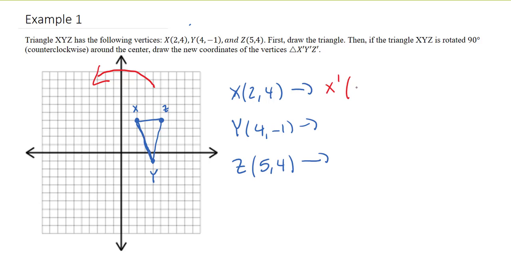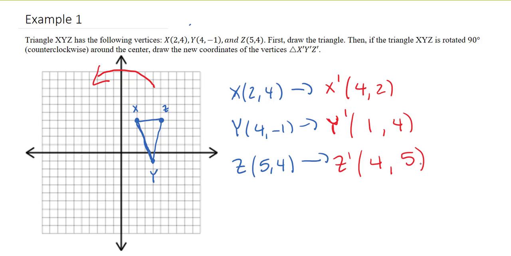So X prime now becomes 4, 2. Y prime, we're just switching the values. We're not going to worry about positives or negatives now. So we're going from 1, 4 to 4, 1, and then Z prime is 4, 5. Notice we're just writing them all as positive.